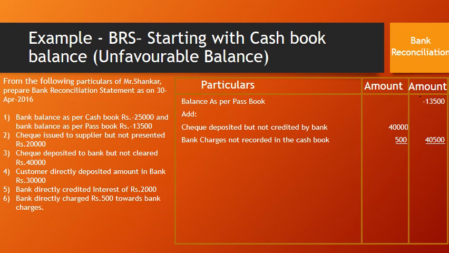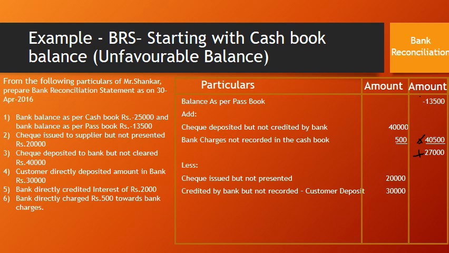Minus here, plus here. Though we are adding, we have to take the difference between these two: 27,000, and the highest number's sign is positive, so it is positive 27,500. Check issued but not presented, credited by bank but not recorded, credited by bank but not recorded interest. All these things I am doing.